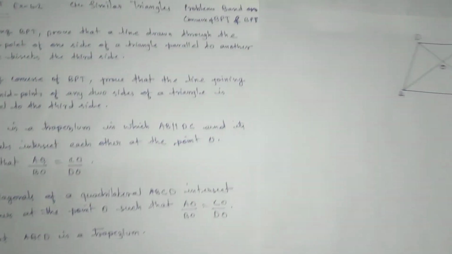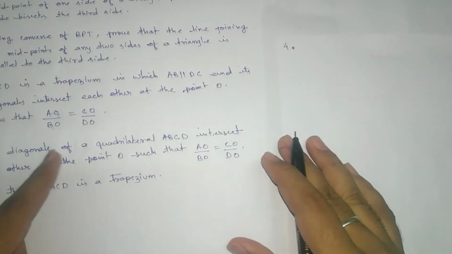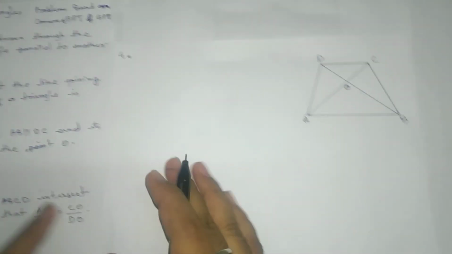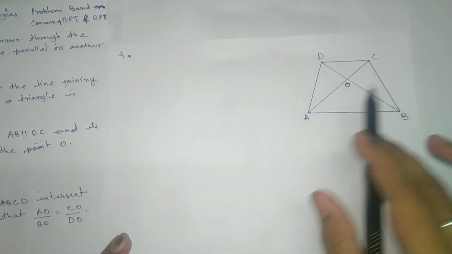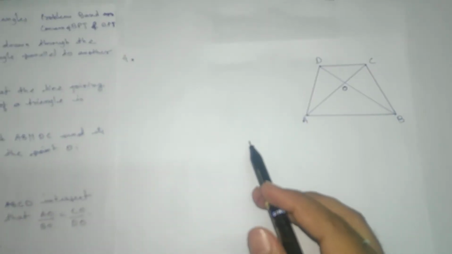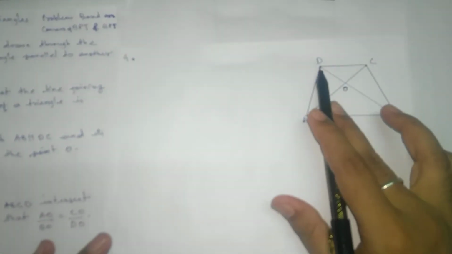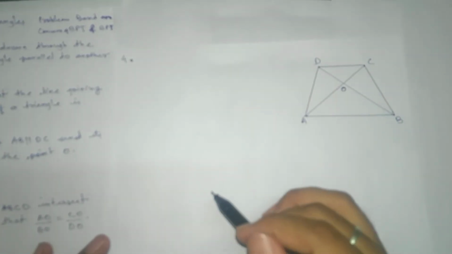So here we have the fourth one, the diagonal of a quadrilateral. Now this time do not say that ABCD is a quadrilateral, trapezium. We'll take ABCD is a quadrilateral, and to prove ABCD is a trapezium, we need to show that AB is parallel to DC. That is our target.